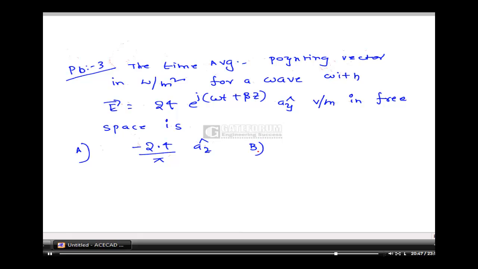Option B is 2.4 by pi az cap. Option C, 4.8 by pi az cap. Option D, minus 4.8 by pi az cap.